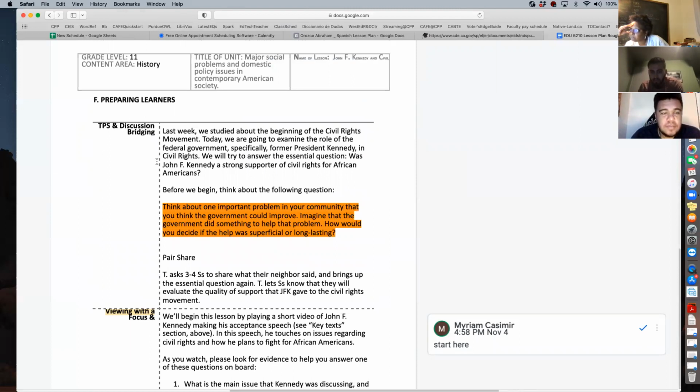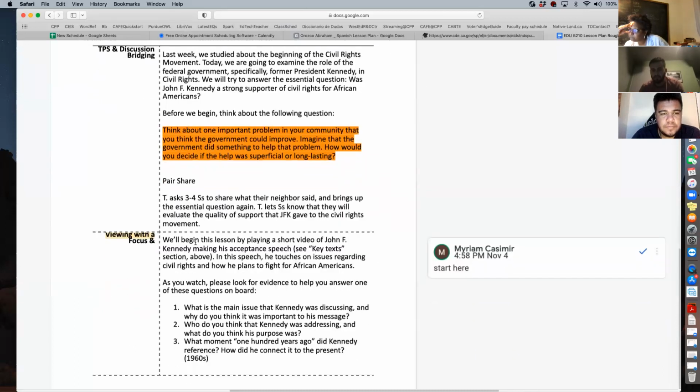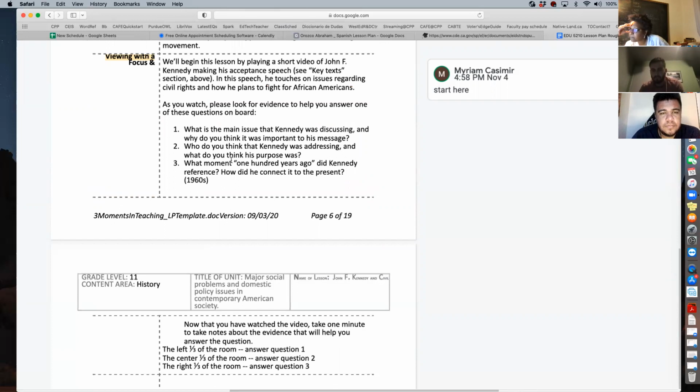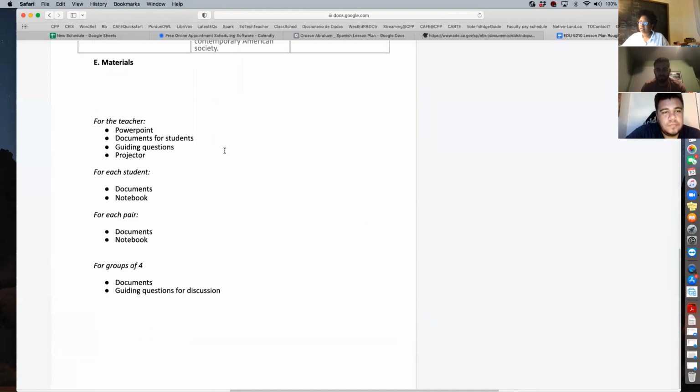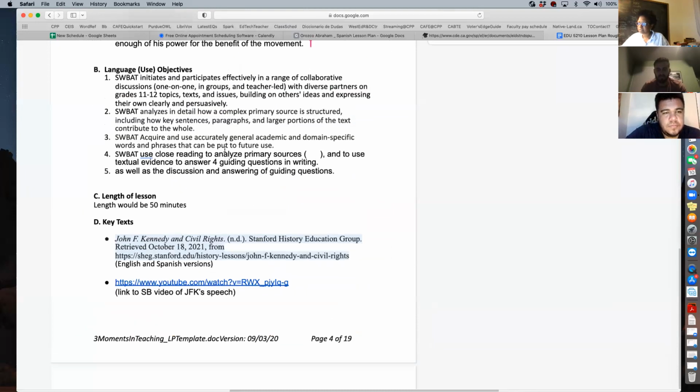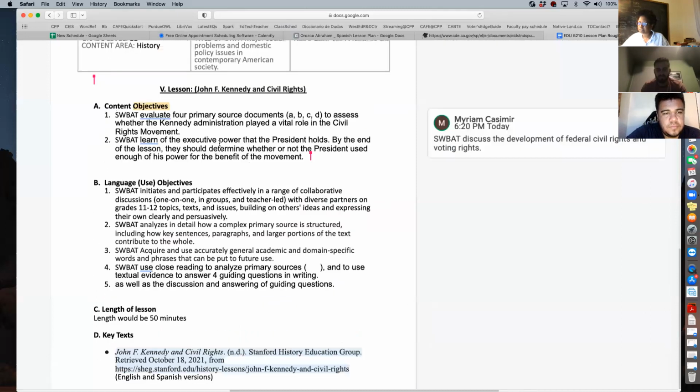Yeah, but okay, so something like students will be able to analyze a videographed address by Kennedy, one of Kennedy's filmed addresses.